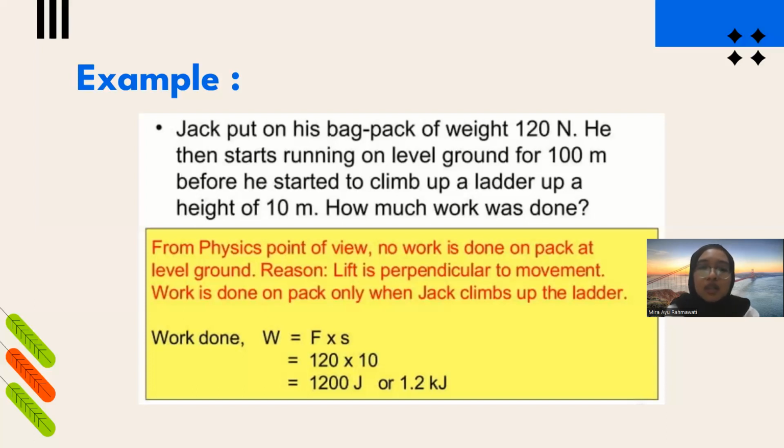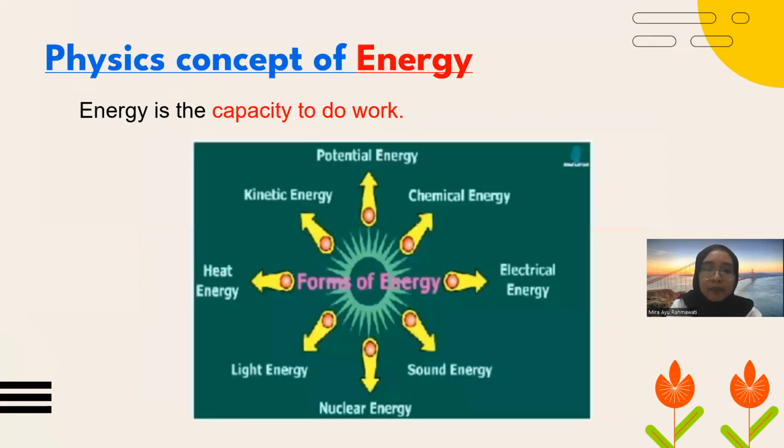Work is done on the bag only when Jack climbs up the ladder. So work done is W equals F cross S, same as 120 cross 6. So W is 1200 joule.